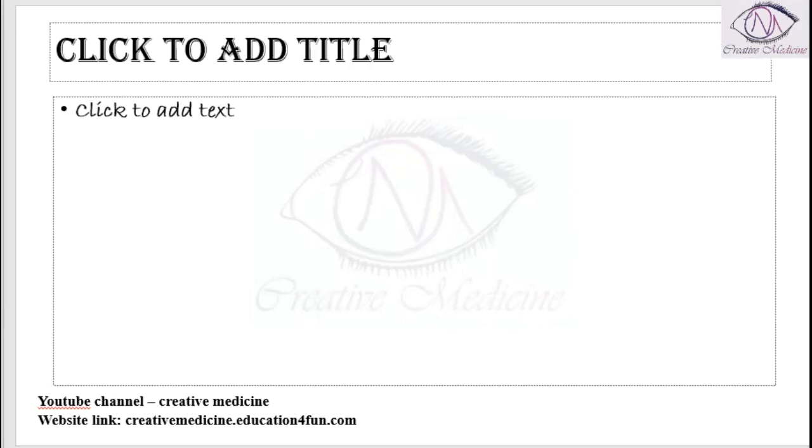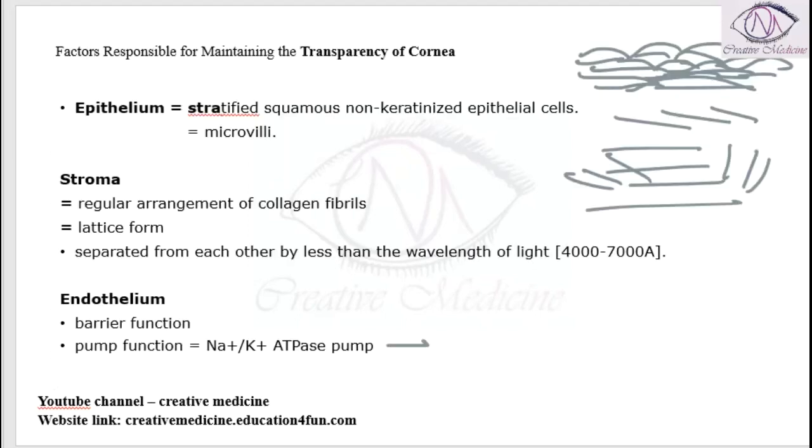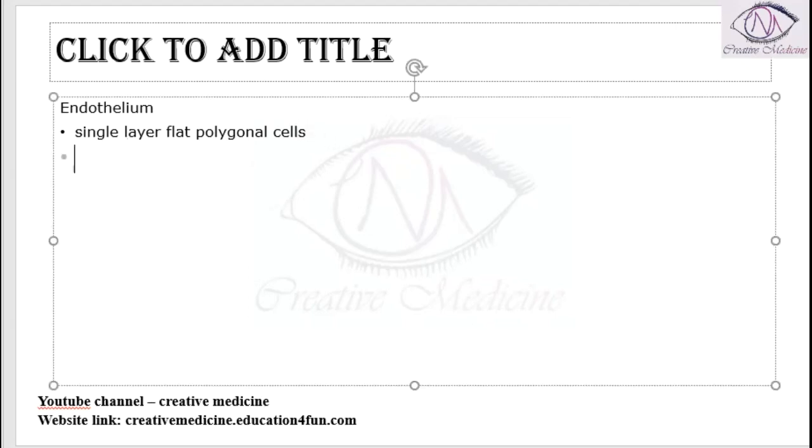This endothelium is made up of a single layer of polygonal cells, and the cell density of endothelium in younger adults is around 3000 cells per square millimeter.